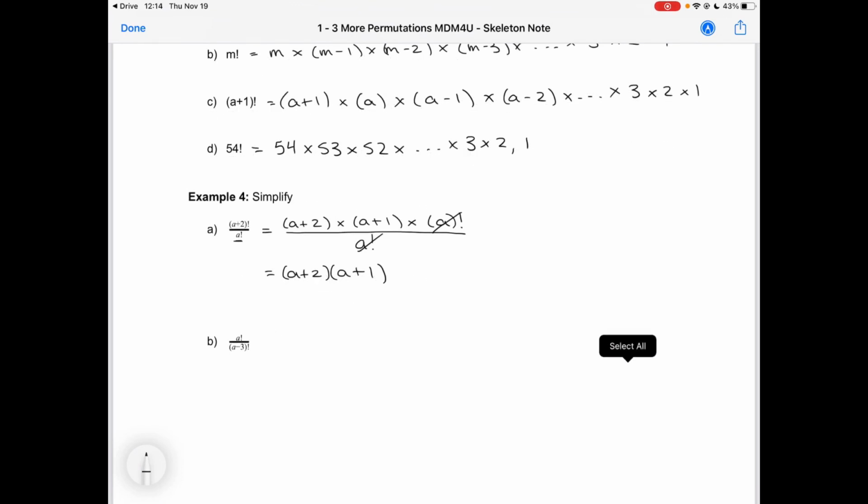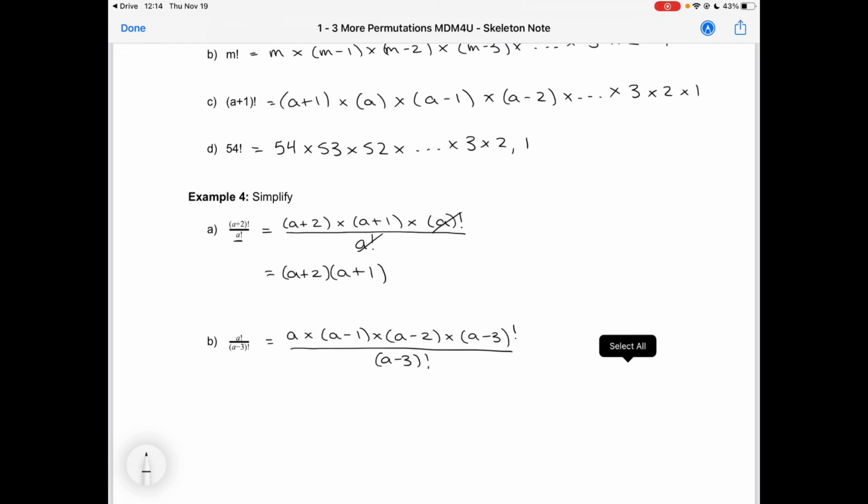Example B here, I'm going to notice that even though my denominator seems a little bit more complicated, it starts at a lower value than my numerator does. So what I'm going to do is expand my numerator until it looks the same as my denominator. So that means going all the way down to a minus 3, summarizing the rest with factorial, and then I've got a minus 3 factorial on the bottom.